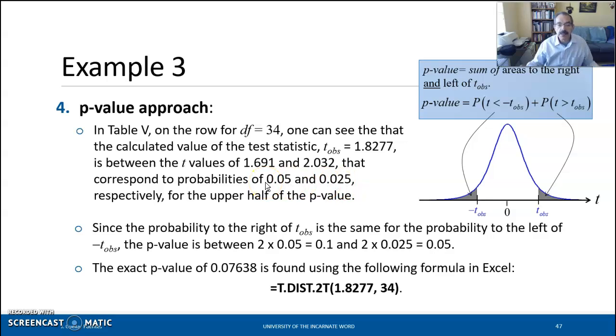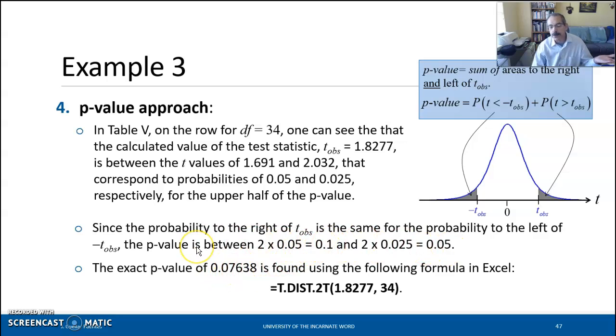But remember, these are the probabilities on the left side, only on the left side. We need to consider the probability on both sides because of symmetry, so we have the same areas on the other side. So to find the p-value, we multiply this 0.05 and this 0.025 by 2. So then we can say that the p-value is between 0.1 and 0.05. Now, to find the exact p-value using this formula right here, we see that it's 0.0763, right between these two values.